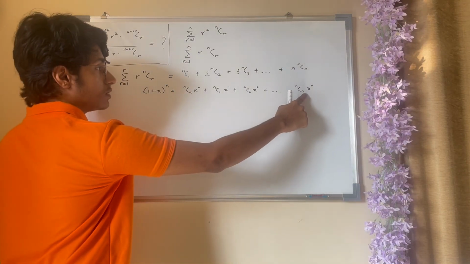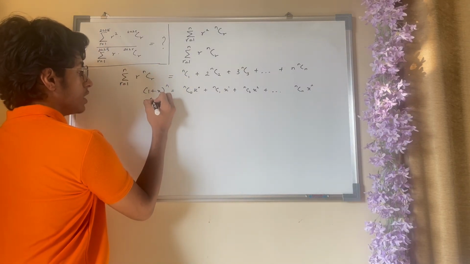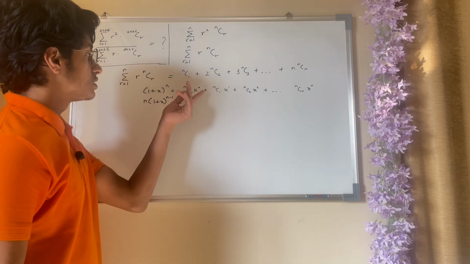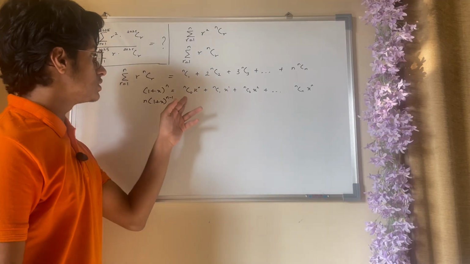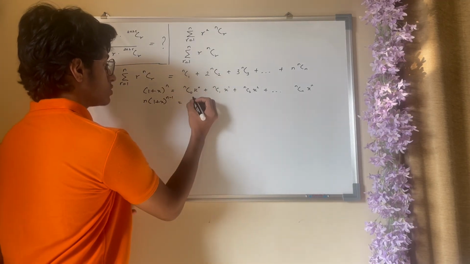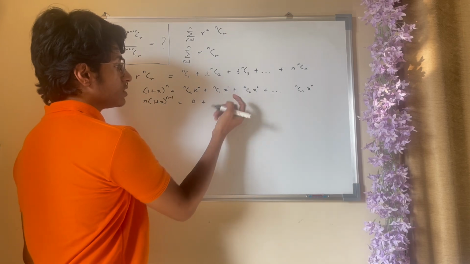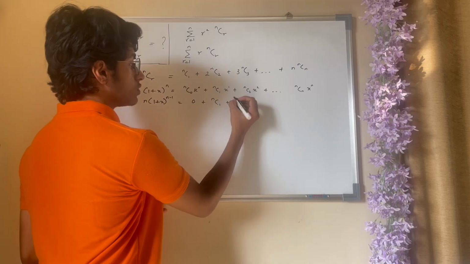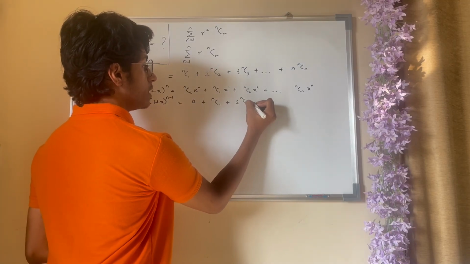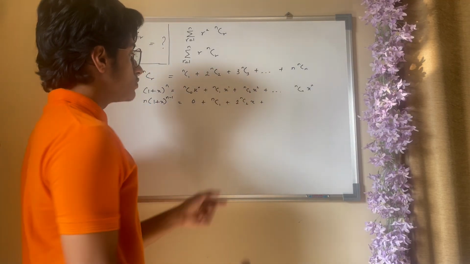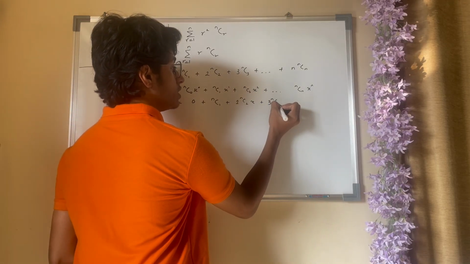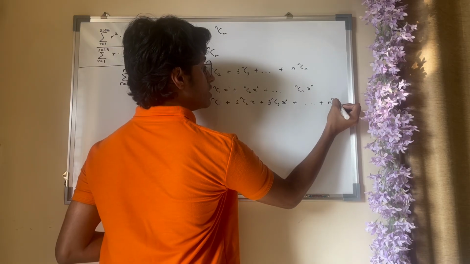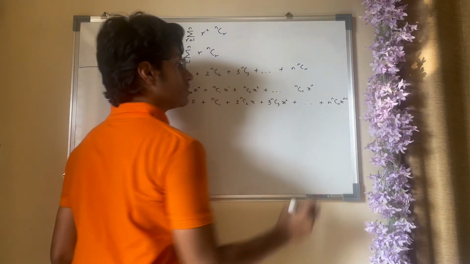Differentiating this equation with respect to x gives n into (1 plus x) power n minus 1. The first term is a constant, because x power 0 is 1 and nC0 is also a constant, so its derivative is 0. Differentiation of nC1 into x is nC1, plus 2 into nC2 x, plus 3 into nC3 into x square, and this goes on till n into nCn into x power n minus 1.